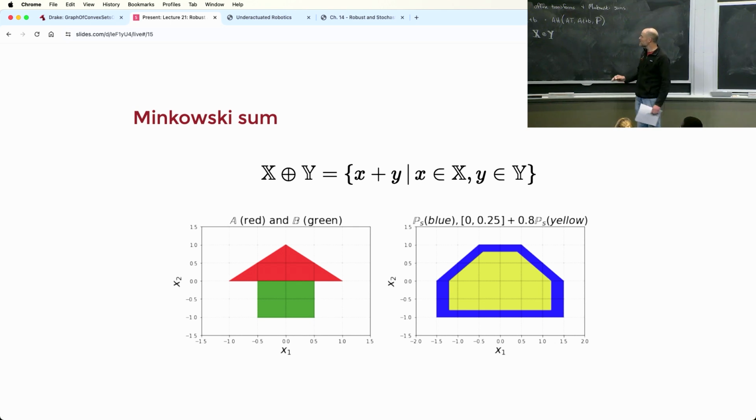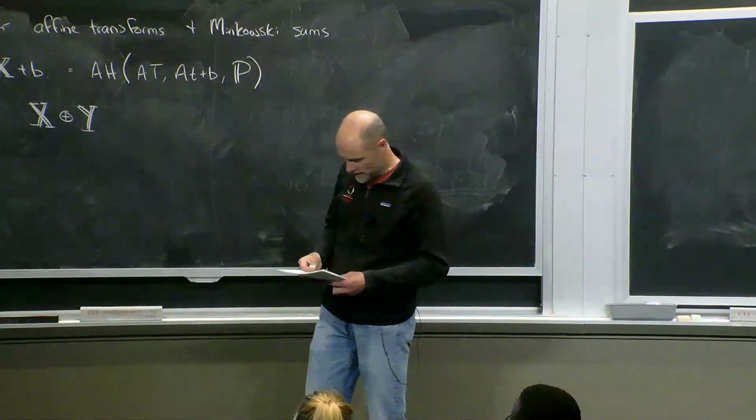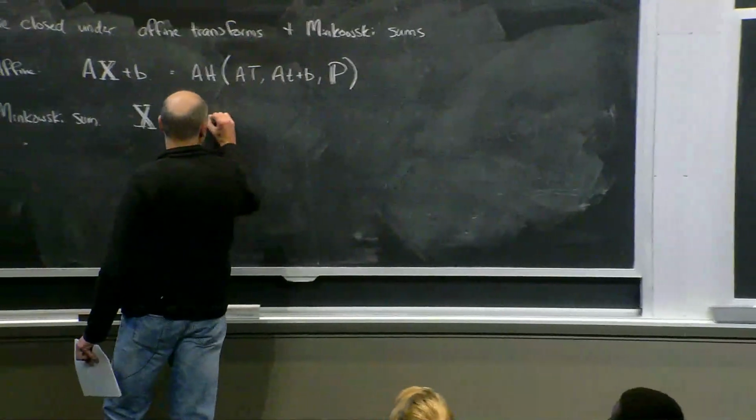Okay, so this just gives us a way to stay in the family of AH polytopes, and I can write it out here.